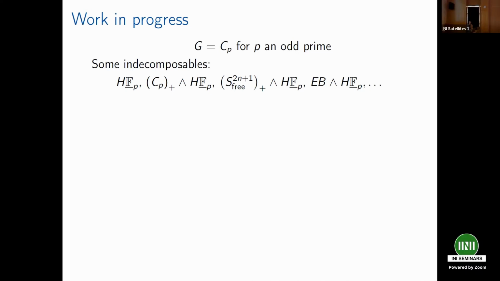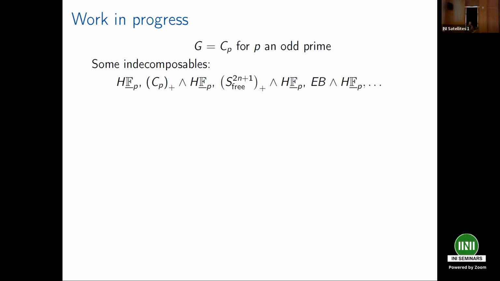And there's some analogous sorts of things. Okay, you could take that spectrum, you could take the orbit and smash with it. You could take a free action on an odd dimensional sphere, and that'll give you these vertical strip sorts of things. And you could also take finite subcomplexes.